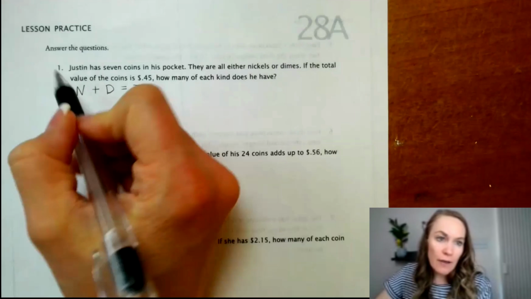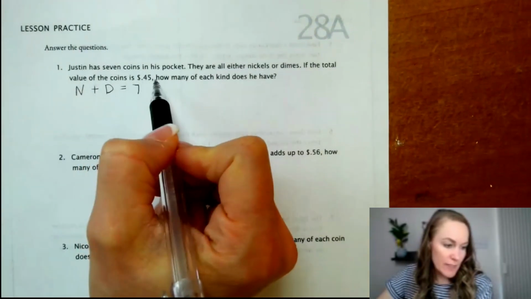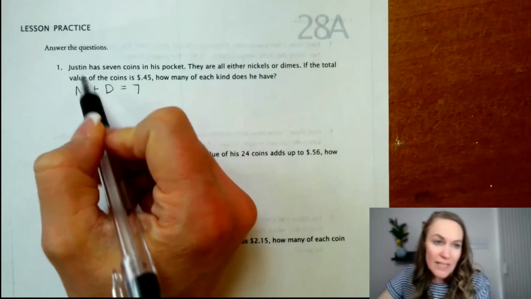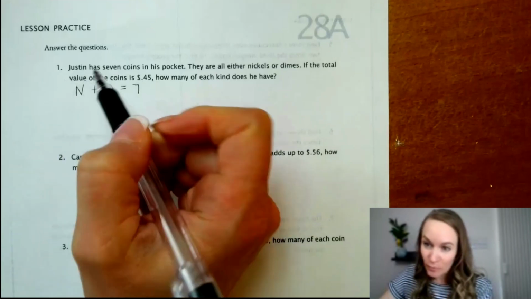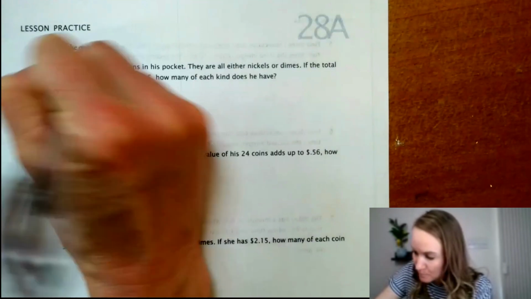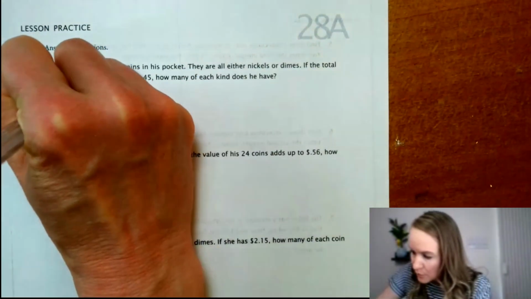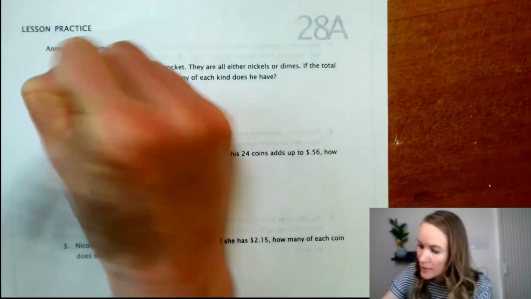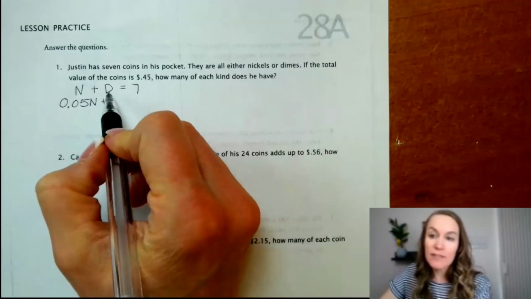If the total value of the coins is 45 cents. So, what is the value of a nickel? So that's going to be 5 cents. So 0.05 nickels plus, and then what is the value of a dime? 10 cents, right?